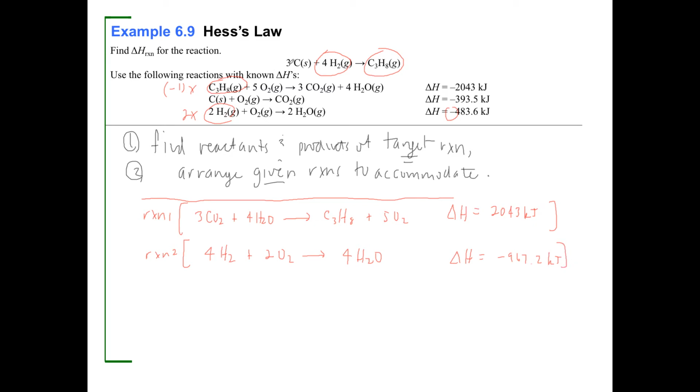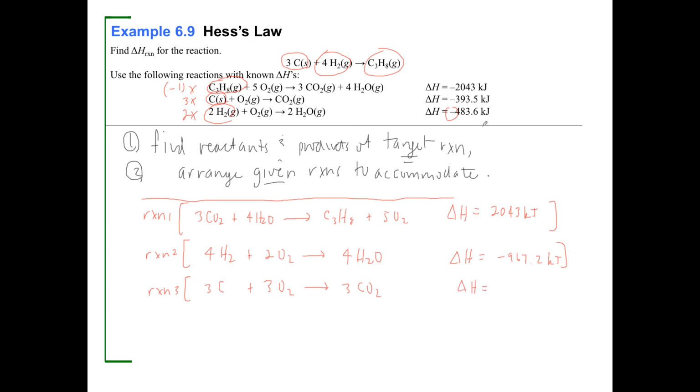All right, so now let's find this one, carbon. Carbon's here, and carbon's here. But it looks like it's multiplied by 3, so I'm going to take that one and multiply it by 3. And so this is going to be 3C plus 3O2 produces 3CO2.